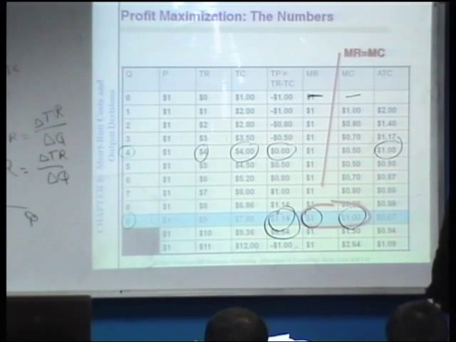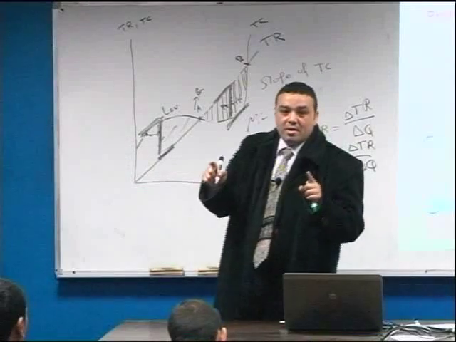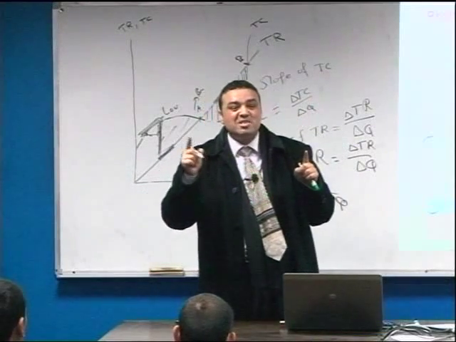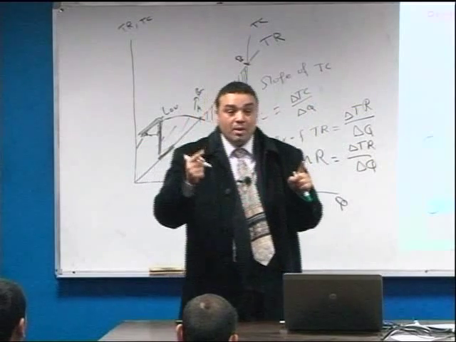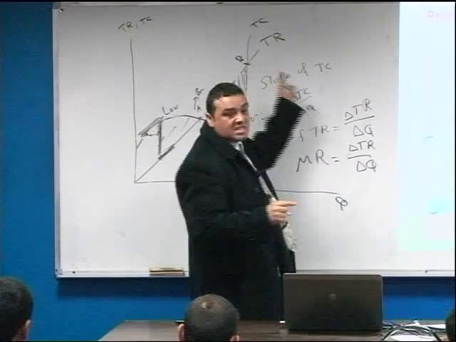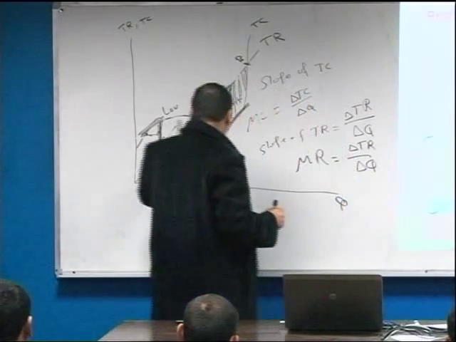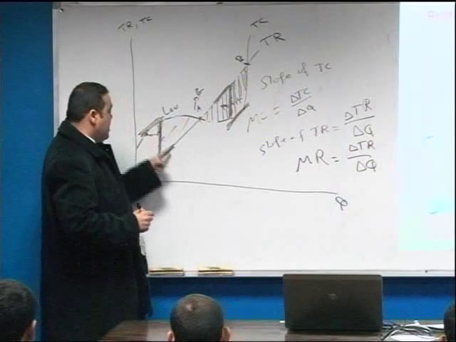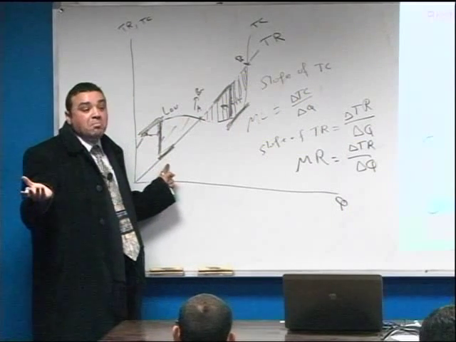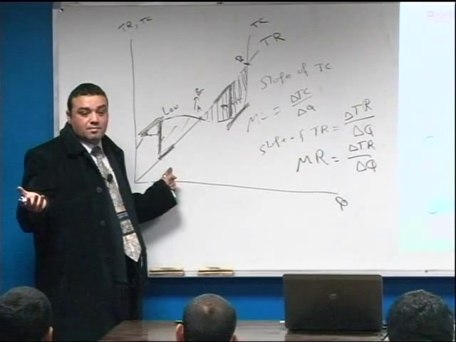So the profit is maximized when the marginal cost equals the marginal revenue, but when the marginal cost is increasing. Okay? Because here we also have MC equals MR, but there is no profit maximization. It's a loss. Right?